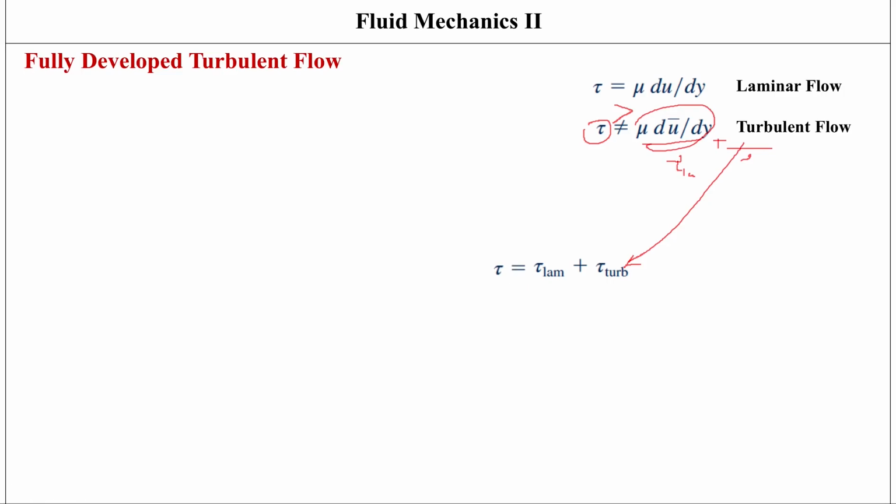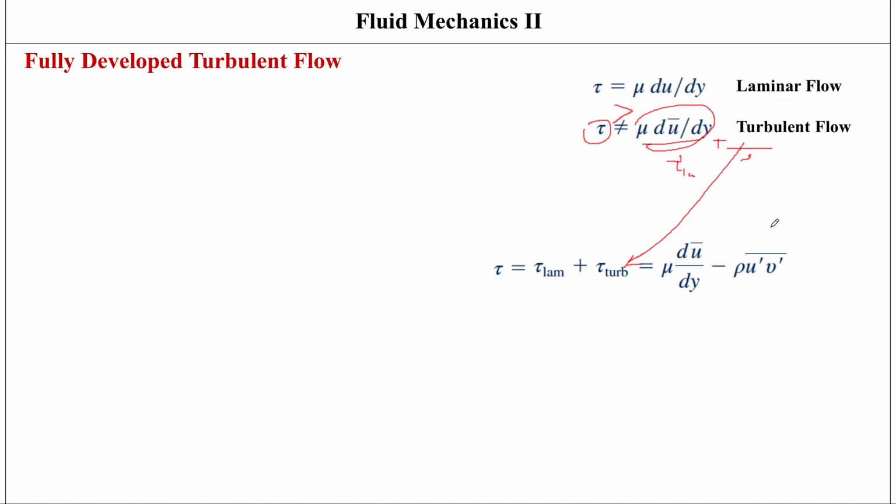And what is actually found out is that, like I already said, the fluctuating parts of the velocity, the x component and the y component, are the ones that are causing this additional term to develop. So when we write this tau equal to this value here, this is going to give us the turbulent shear stress, okay?